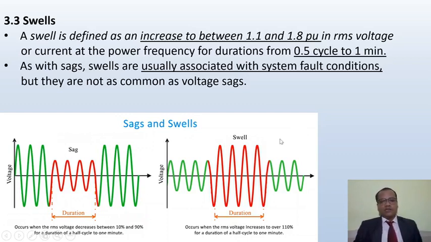Now voltage sag or swell are generally associated with fault conditions, but swells are not as common as voltage sag.